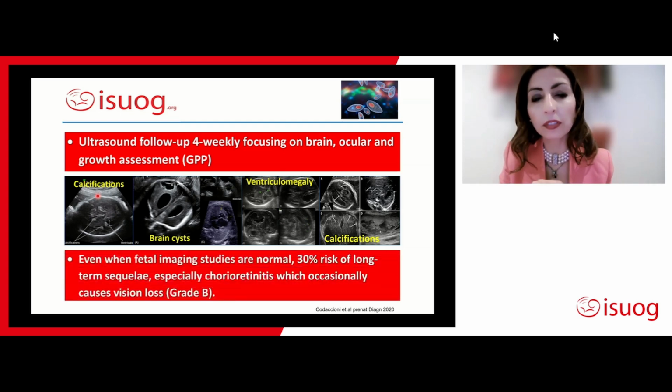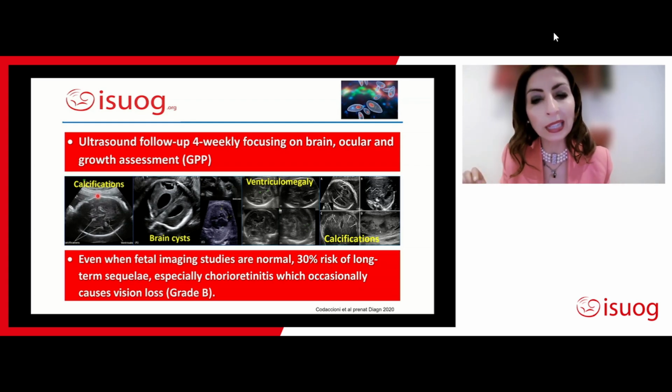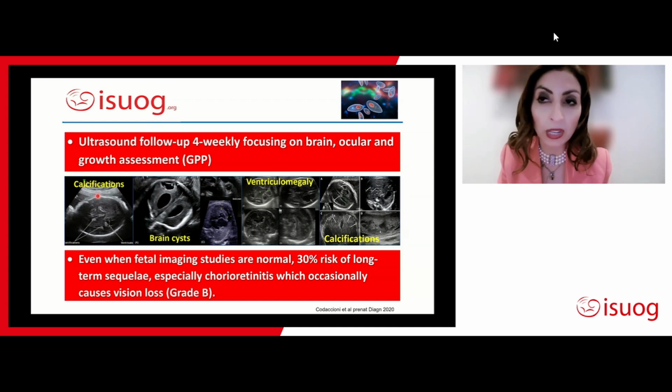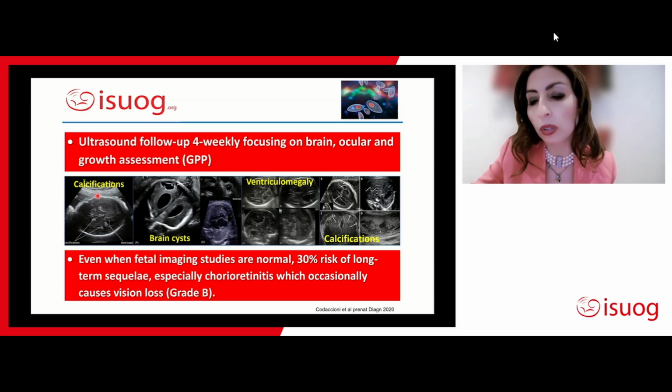But be careful. In toxoplasma, even if the imaging throughout the pregnancy is normal, there is still about 30% risk of long-term sequelae, especially the risk of chorioretinitis, which might not be diagnosed during the pregnancy, and sometimes that can lead to increased risk of visual loss later in life.